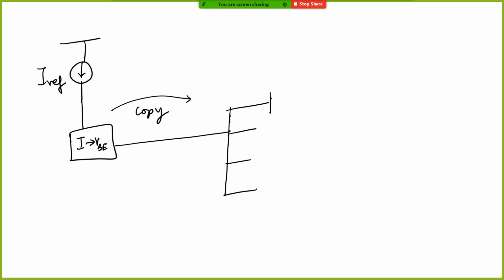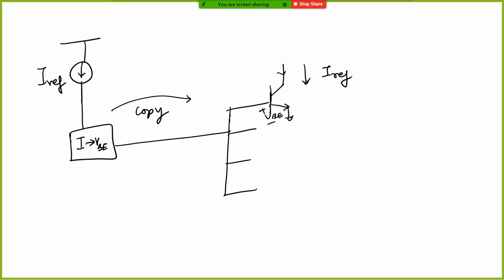Okay, so let's say this was the one that we talked about. So then what happens for the same VBE? You'll have the same amount of current. So nominally the same amount of current will be provided here.